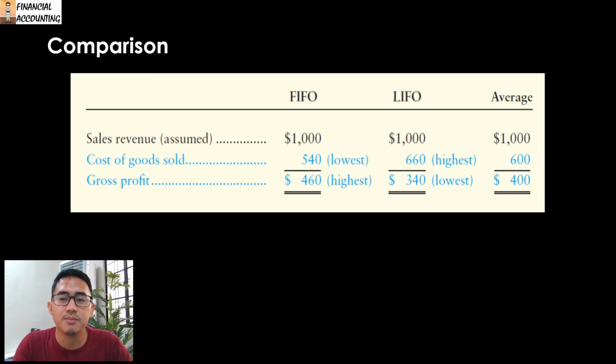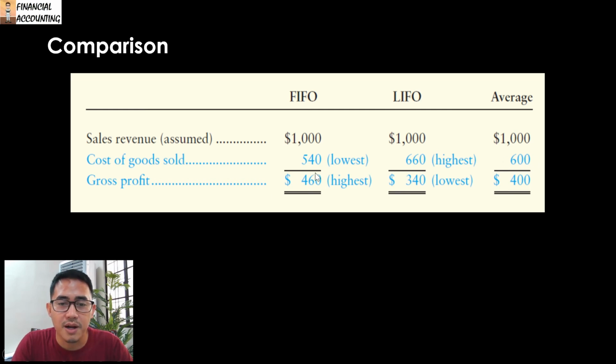Here we have the comparison between the three methods: FIFO, LIFO, and average. Sales revenue is assumed, and our cost of goods sold here, if you notice, for FIFO is 540, which was computed a while ago, LIFO is 660, and weighted average is 600.